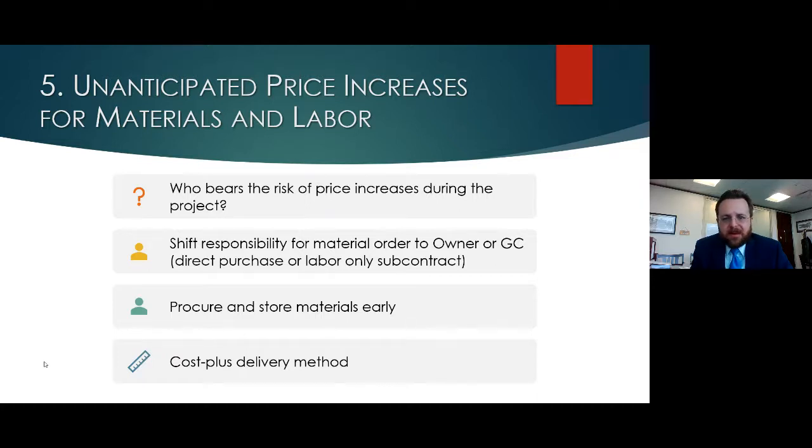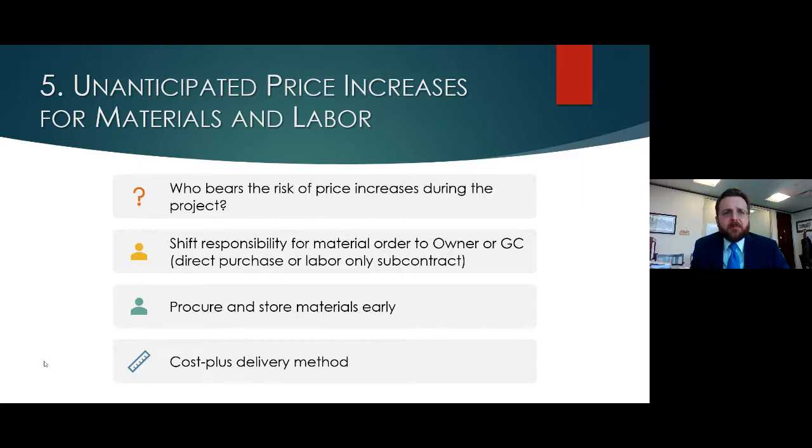Don't wait until the phase of the project where that work is going to commence. If you're in a 2-year-long project, you get awarded your subcontract near the beginning of the project, but you're not set to start for about a year. Well, within a year, labor prices, material prices could go up substantially. So lock those down by executing your subcontracts and purchase orders early.